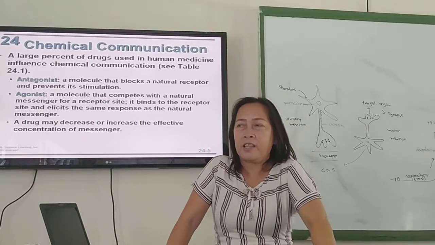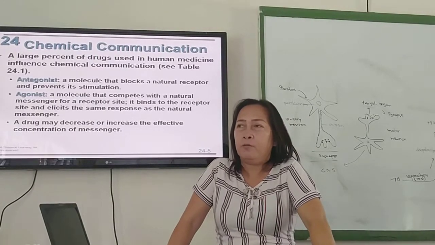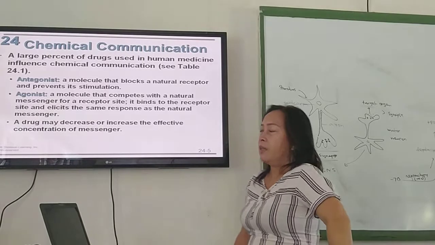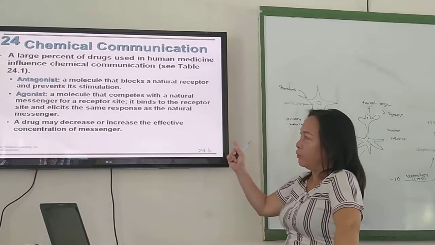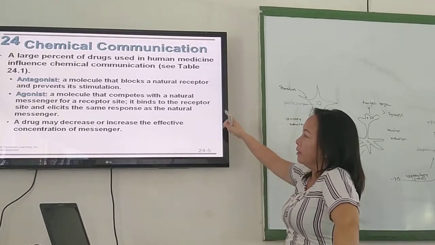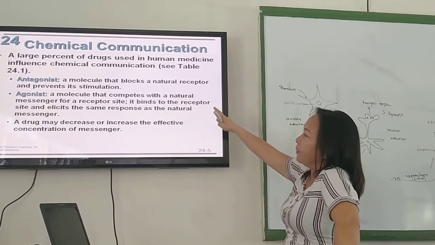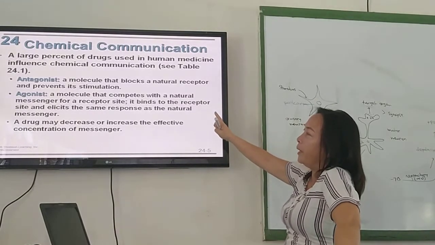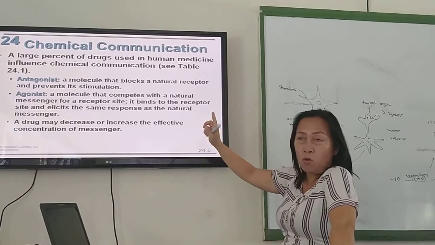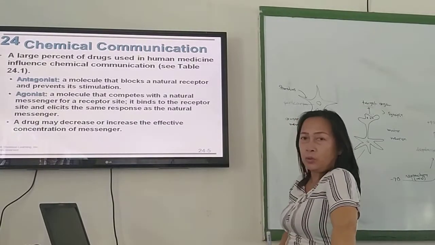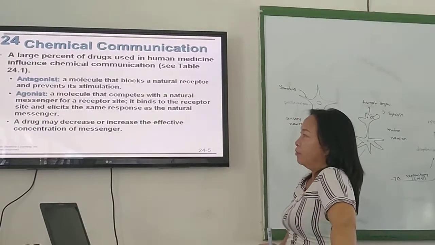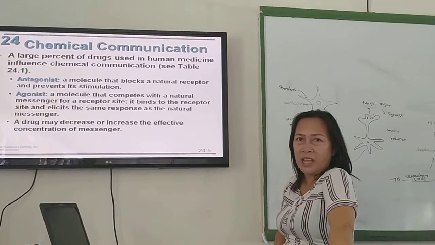They may produce this agonist, of which the substrate may also bind with the receptor site, but the agonist will be the competitor. Mo-compete siya with the natural messenger for our receptor site. Bubind po siya.